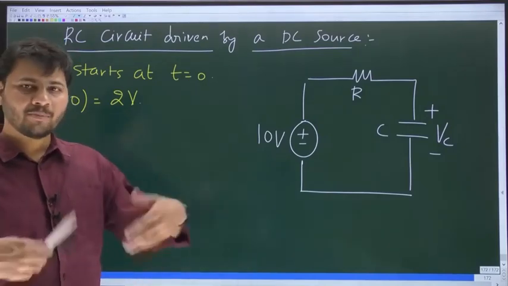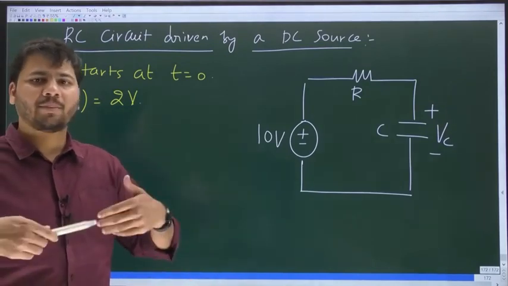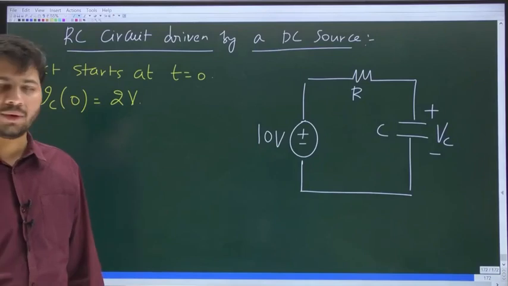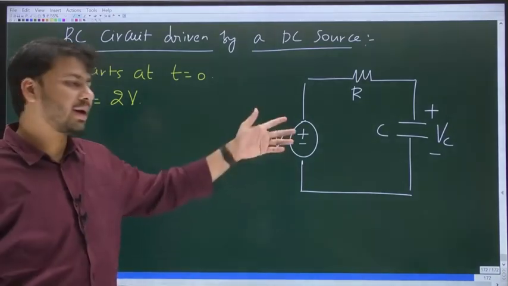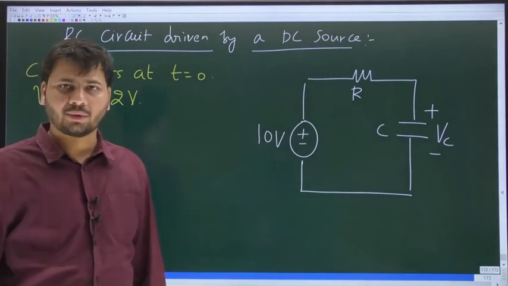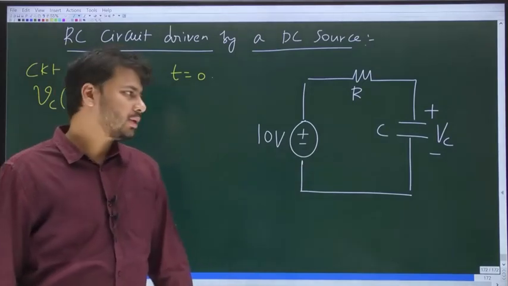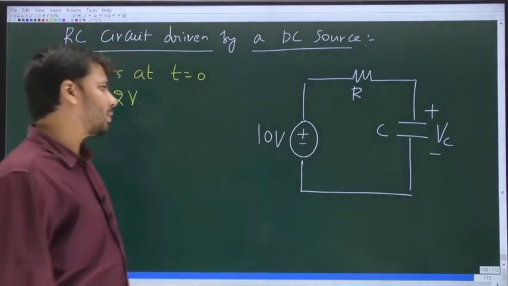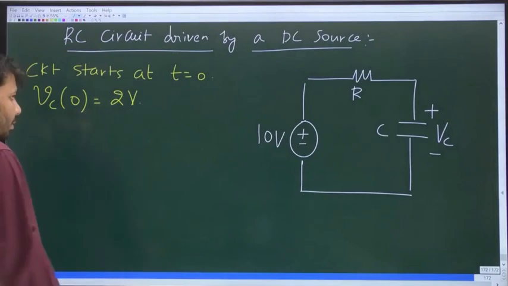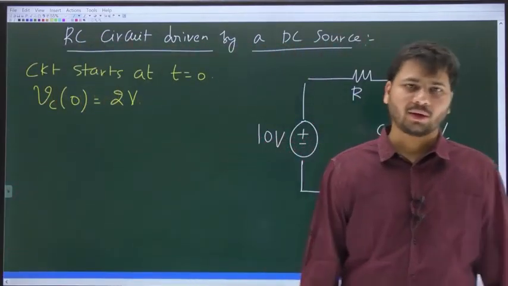That means before t equal to 0, something happened to the capacitor due to which the cap got charged to a voltage of 2 volts, and then at t equal to 0, we connect the voltage source and so on. That is how you should understand this scenario. So Vc of 0 is 2 volts, the initial voltage across the cap. Now let us understand how the circuit will behave for t greater than 0.